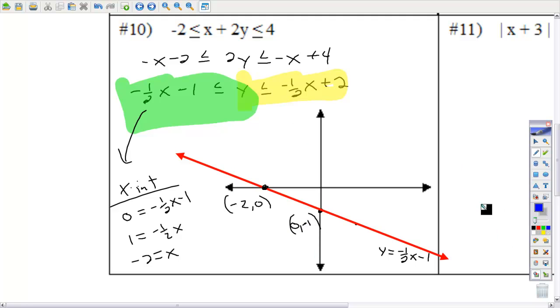The other part of the graph has an x-intercept of +2, a y-intercept +2. And its slope, same as this one, -1/2. It's going to be parallel to the other line.